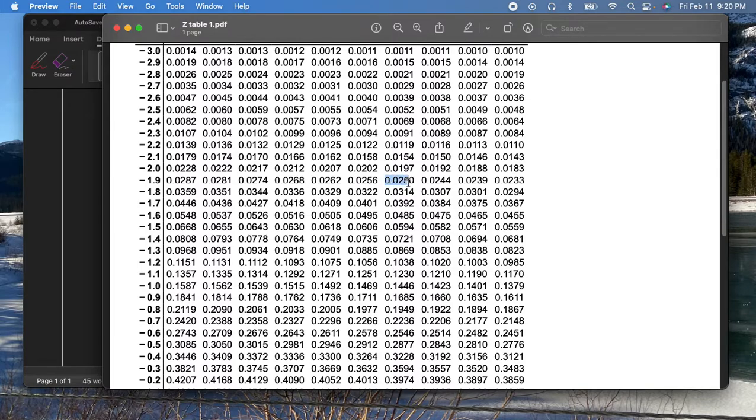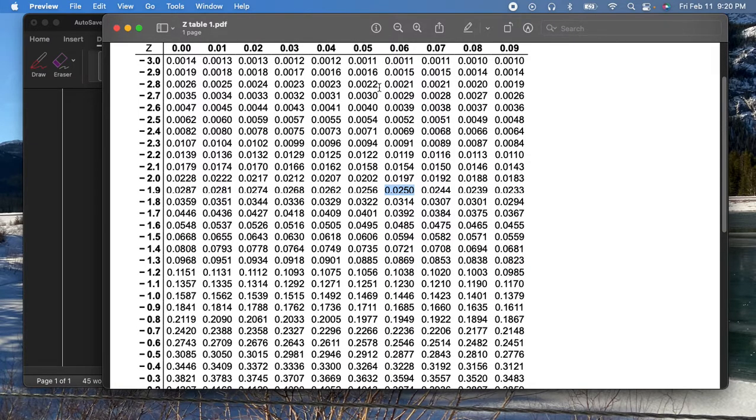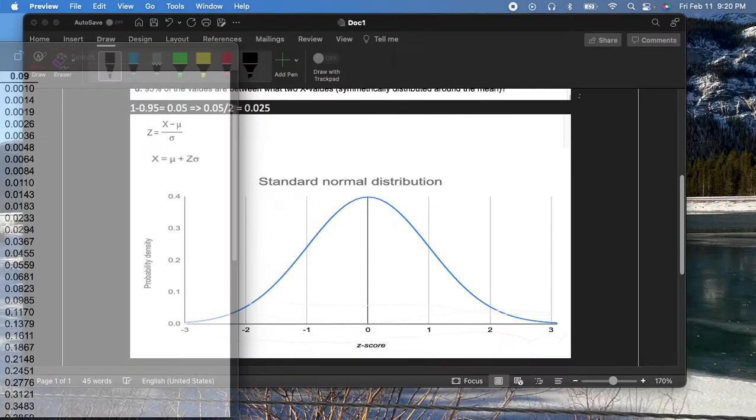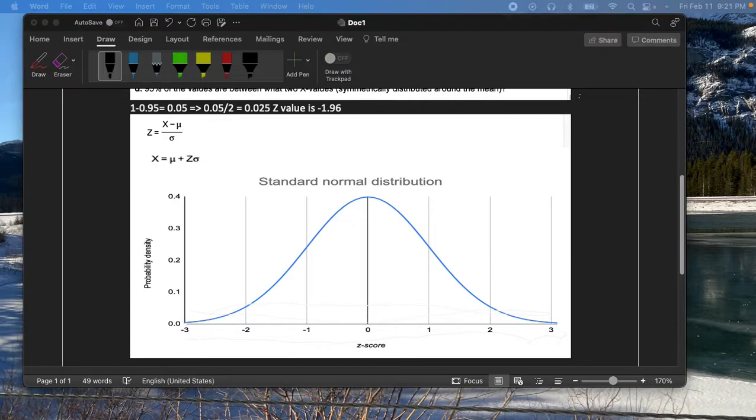Here it is, 0.025, and that is right at 1.96. This is to the left, right? So 0.025 is the value that we want, and it is to the left. So that's 1.96 standard deviations, which says that the z value is negative 1.96.